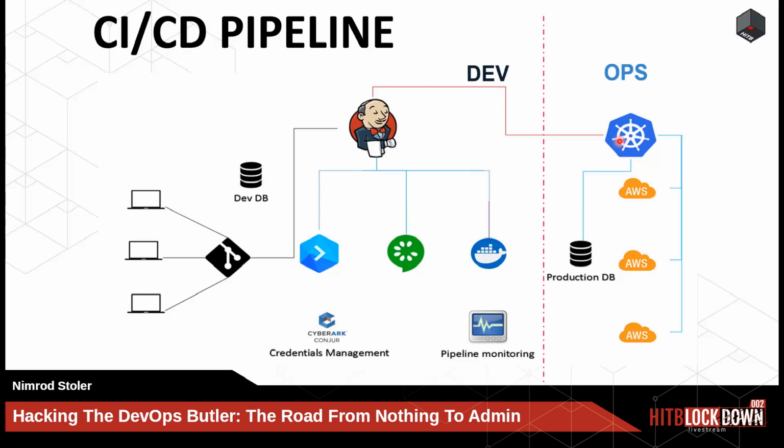Here, on the ops side, Jenkins starts another process which instructs the Kubernetes cluster here on the right to fetch the Docker Hub image previously saved in this stage and deploy it across multiple customer-facing AWS instances.